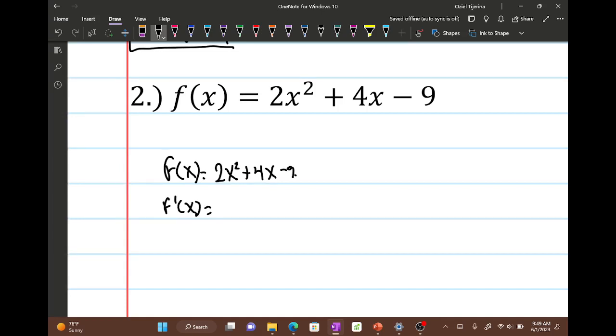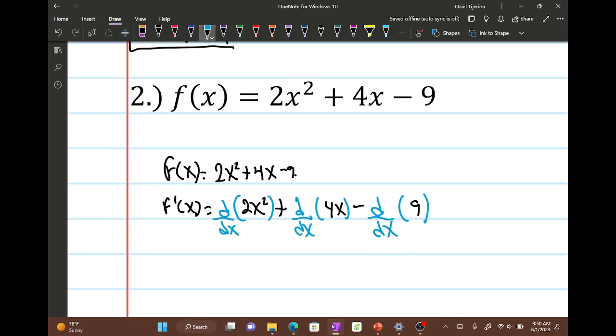So again, we're going to do the derivative: d dx of 2x squared, plus d dx of 4x, minus d dx of 9. You want to do it step by step.